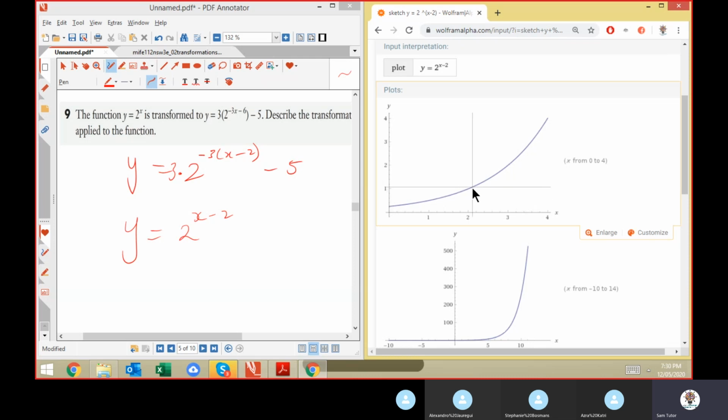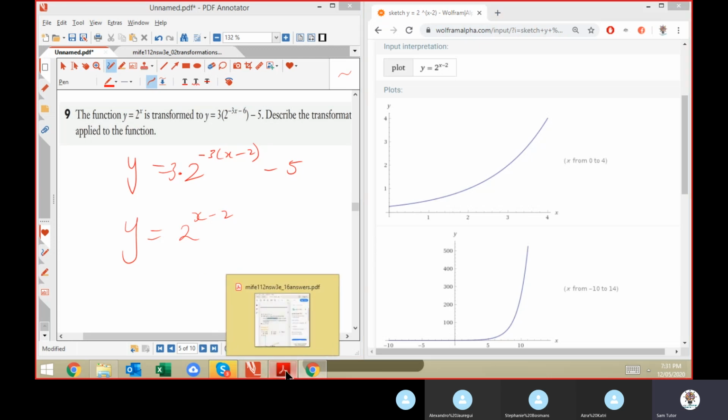It's going to shift it to the right 2 units. Yeah. Don't worry. I made a mistake. It's definitely not to the left. It's been shifted. As you can see, there's the 1 there. That would usually be there. But now if you can see that line where it meets the x-axis at 2 has been shifted 2 units to the right. Right there. Can you see that? It's at 2 now. You guys get that? So Alex, good spotting. We know it's 2 units to the right. Just a typo. It's fine.